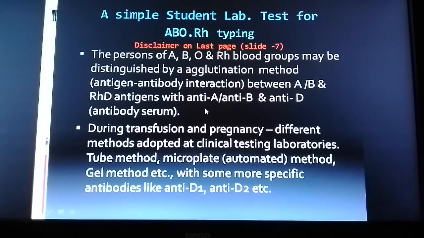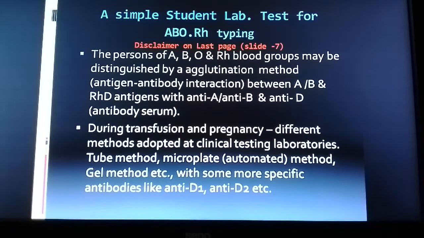Now here in the laboratory, 3 antibody sera are used, which may be available in commercially available blood group test kits.